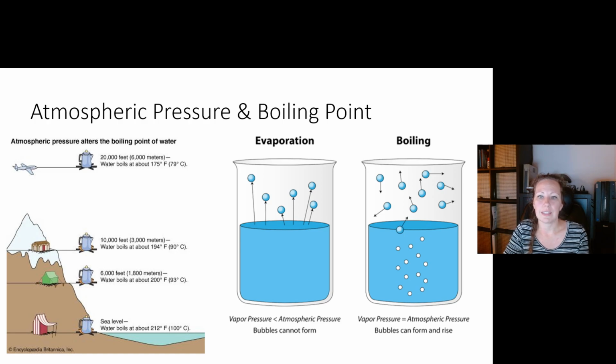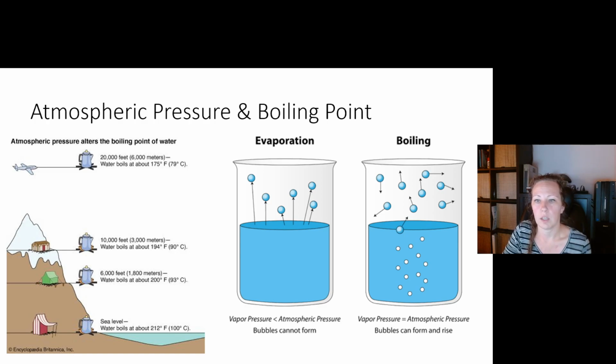So we call this tendency to vaporize vapor pressure. Okay. And the vapor pressure is going to increase the higher the temperature is, right? So the closer the temperature of our liquid gets to boiling, the more often we're going to have these collisions that cause molecules to fly out and vaporize, right?